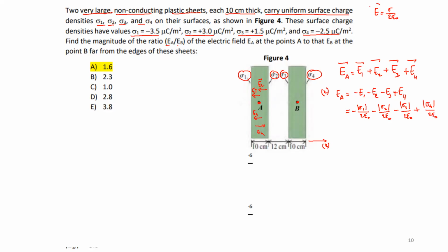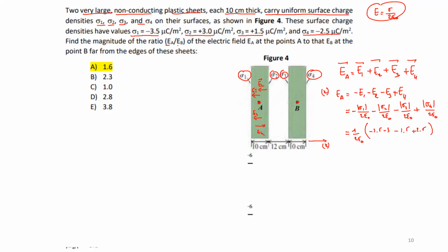Okay, because this is a magnitude. The sign is already taken into account here. So I will have what? 1 divided by 2 epsilon naught times minus 3.5, and here minus 3, and here minus 1.5, and here plus 2.5.